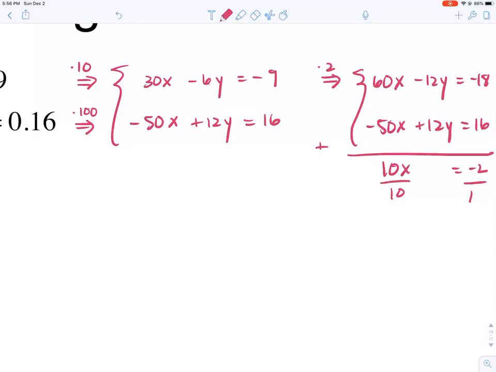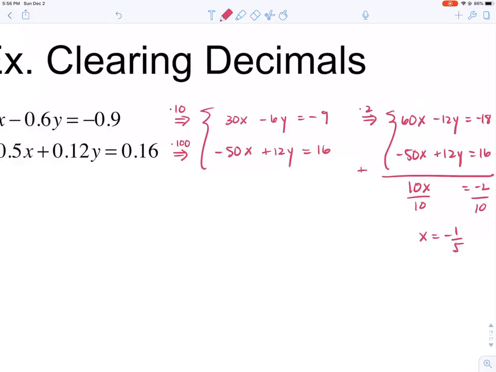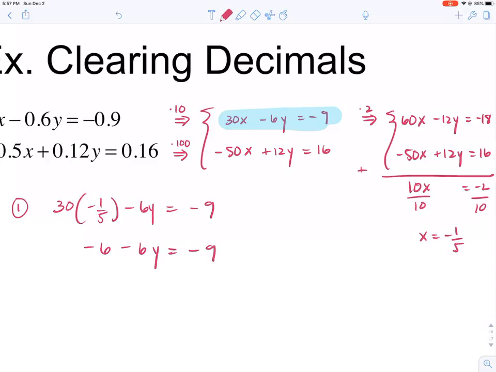So dividing by 10 on each side of the equation, we'll get x is equal to negative 1/5. And it doesn't really matter, I'll use the first equation in the second step. 30 times negative 1/5 is the same thing as 30 divided by negative 5, so that'll be negative 6 minus 6y equals negative 9.